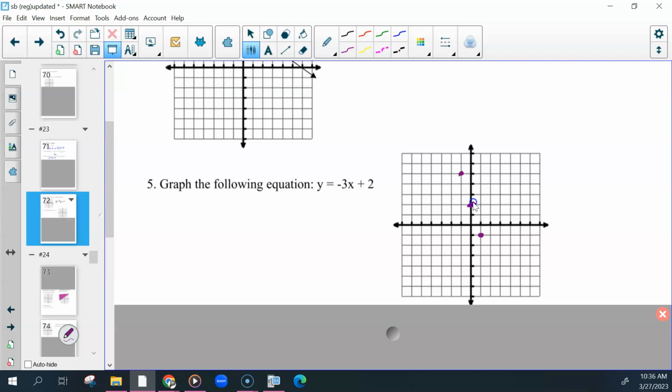But if you're using your slope points, fill up your graph, so keep going. So it looks something like that. Questions on that one?